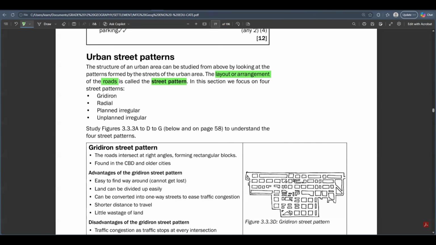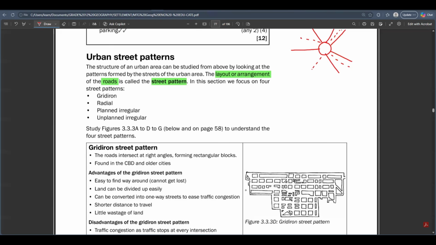You can find that when you go to Durban, maybe the roads are arranged in this circular path. I'm trying my best to make a good diagram here. Maybe the roads in Durban are arranged in this way, where the cars are coming to one point that looks like a circle. Or you find that when you go to Mpumalanga, the roads will be different. So those are different street patterns.